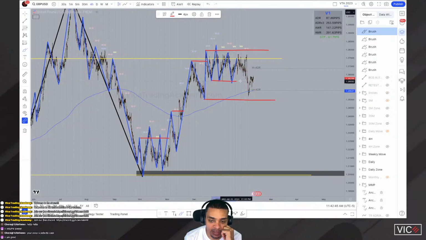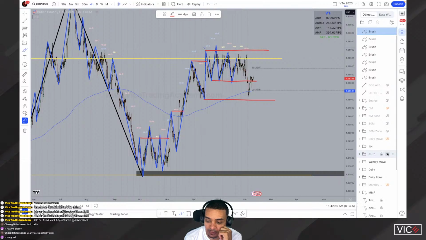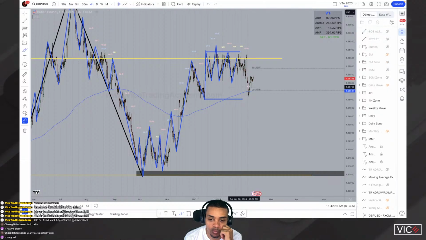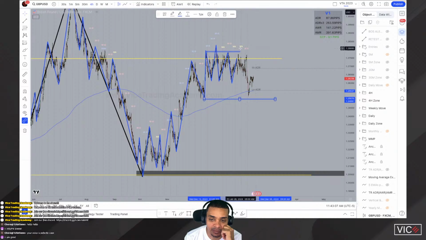Some people may have taken this as a change of character. No, because the zone is from there to there. That's our 4 hour zone, right? Which I already have marked. So now that we're in our 4 hour zone, we know where we are. Price needs to come back here. The only way price has a change of character to the downside, when we can see that we're making higher highs, higher lows, is if it breaks down here, not here, right?